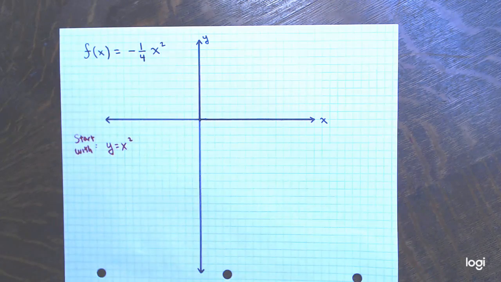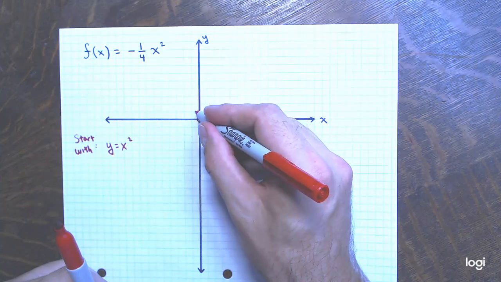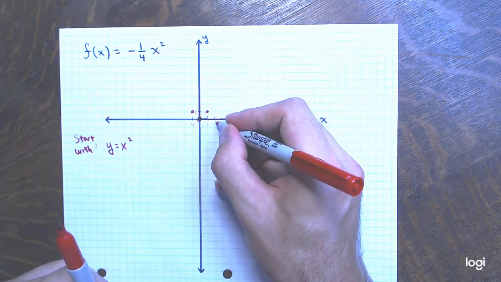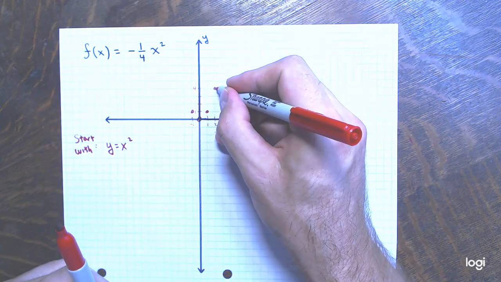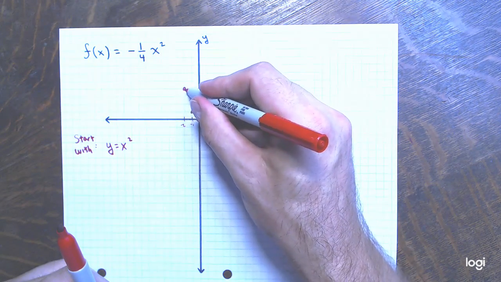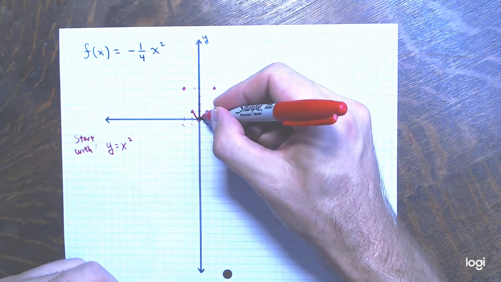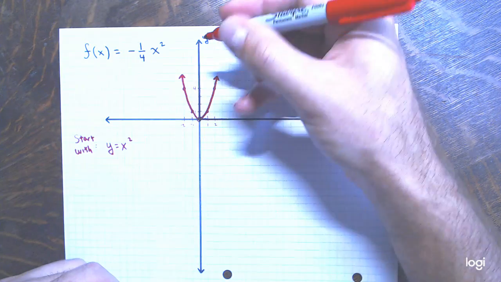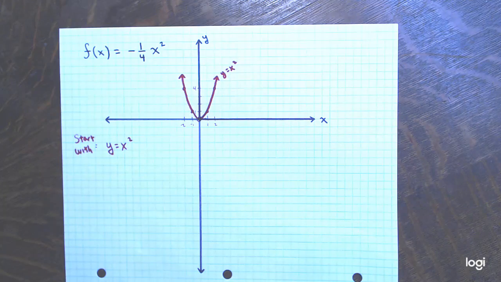So you've got 0, 0, since 0 squared is 0, then 1, 1, negative 1, 1, 2, 4, and negative 2, 4. And we're looking at this parabola again. So here's y equals x squared, as you saw in the previous example.